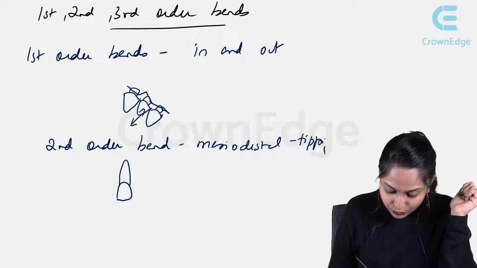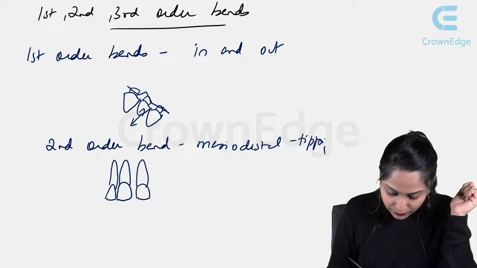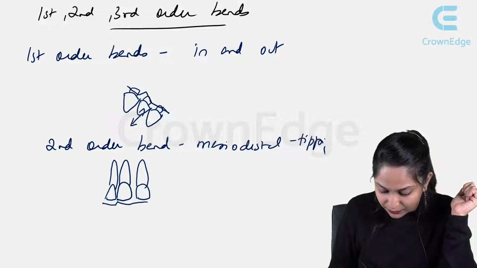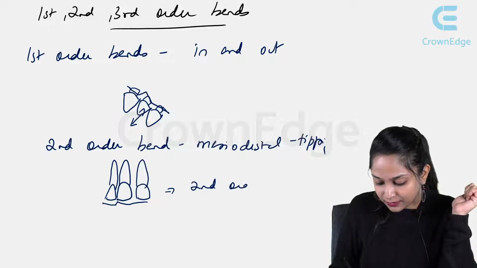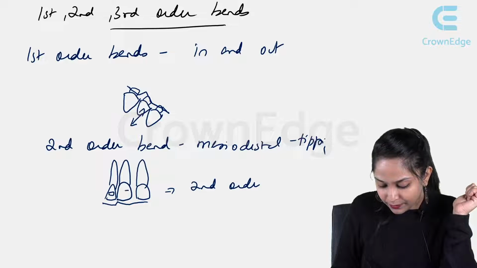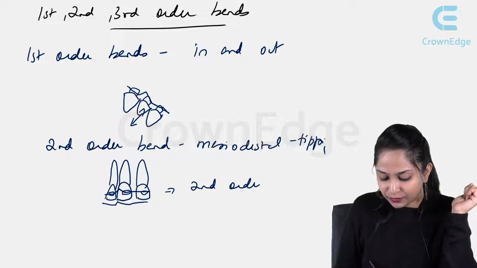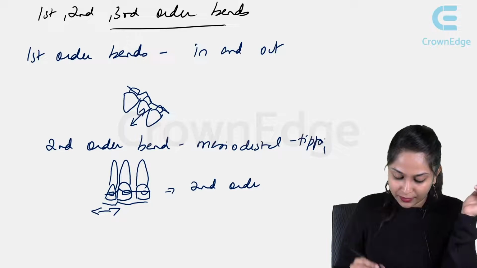If that's the tooth, the bend that's given here, these are second order bends. So the bends that you give will bring about the mesiodistal movement.